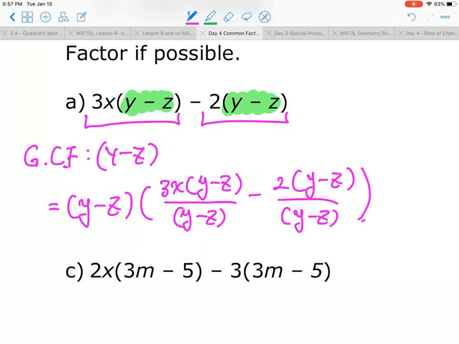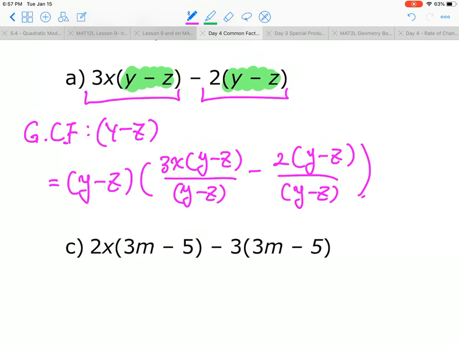Now this looks very confusing, but if you bear with me, we can go this way. We have the y minus z the same in both numerator and denominator. We can cancel them as if we had 3xk divided by 3xk. We can cancel the k's out, right? So it works in the same way. It's just that instead of having k, we have y minus z.